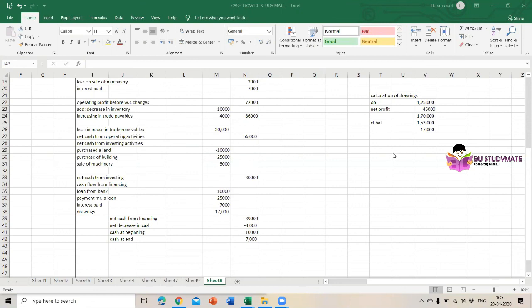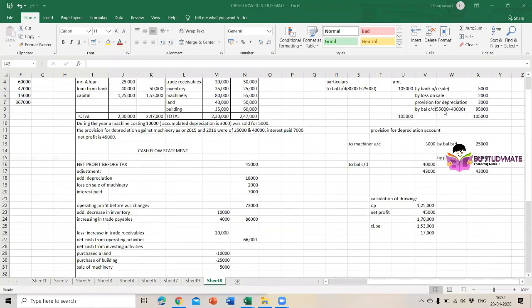In the machinery account, how did we get 55 and 40,000? See here, in the provision for depreciation, balance carried down 55,000 is the current year amount and 40,000 is the depreciation amount.